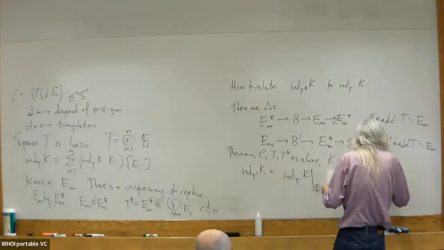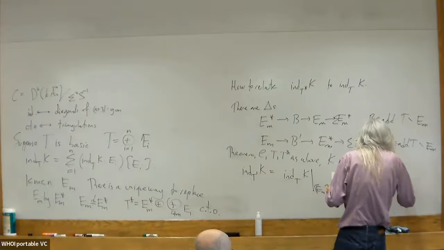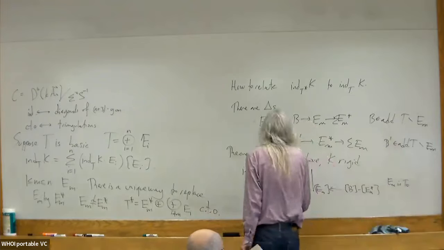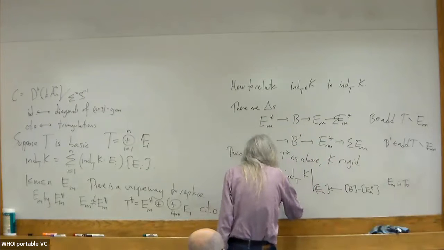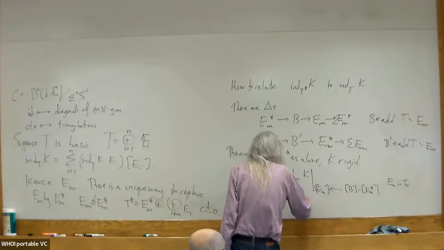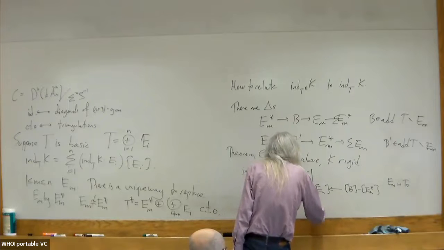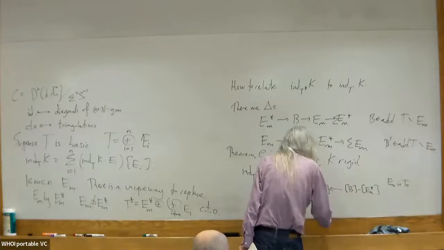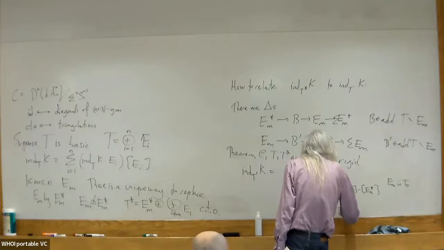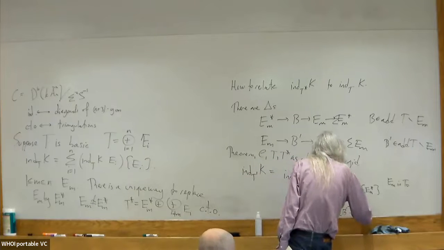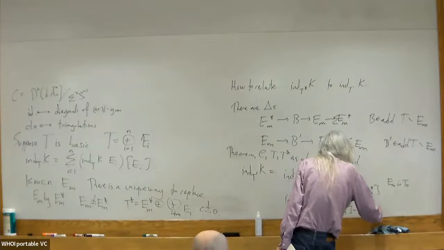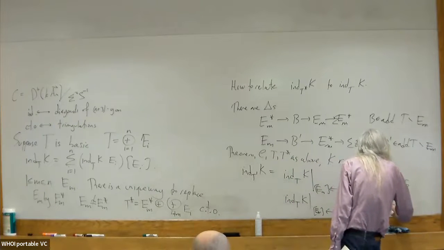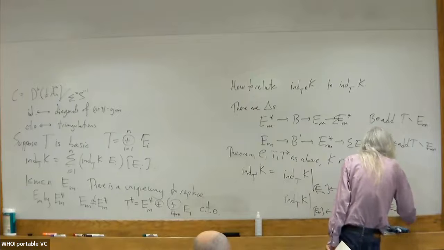if EM is in T0, but as I said, it's not linear because in the other case, we replace EM by B prime minus EM star. That's if EM appears in T1.